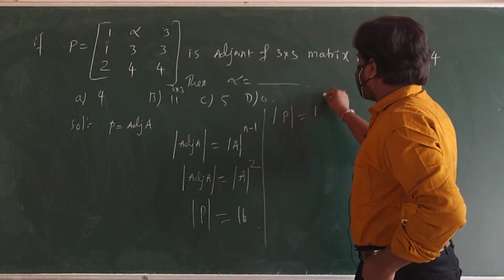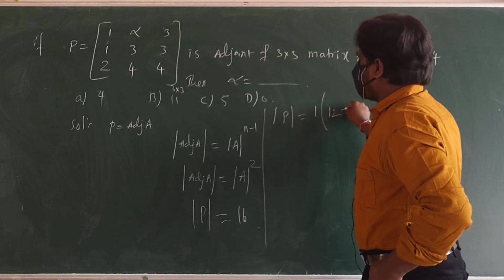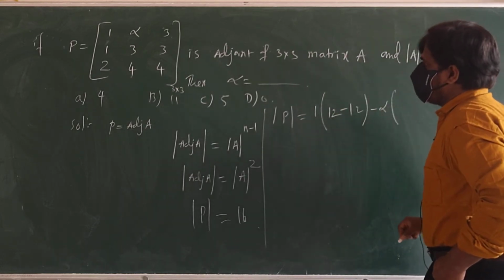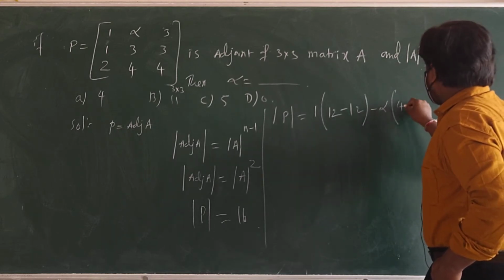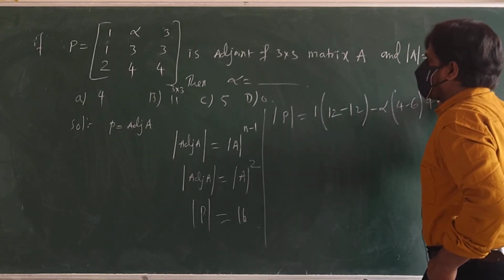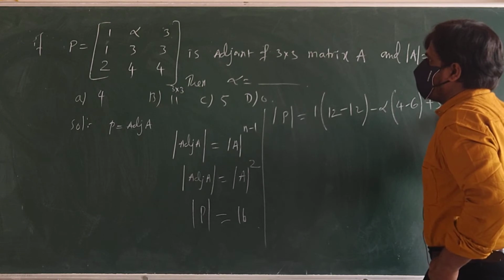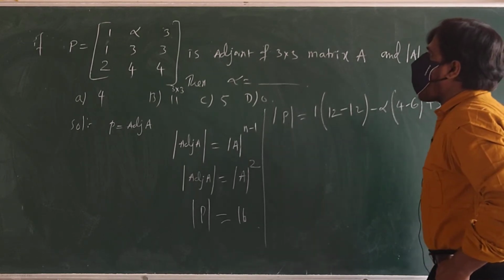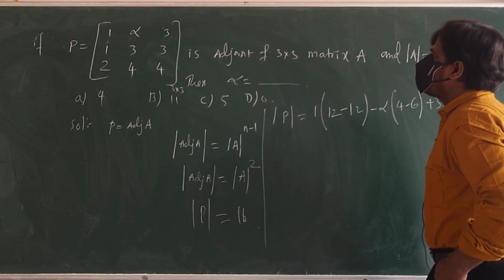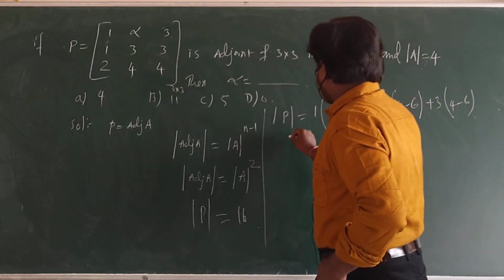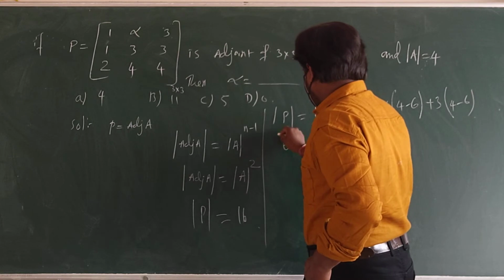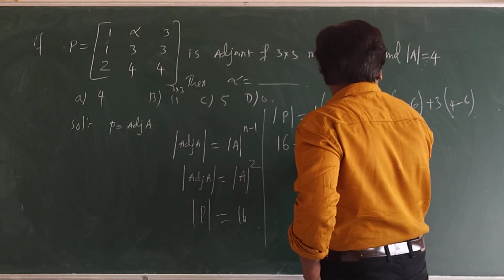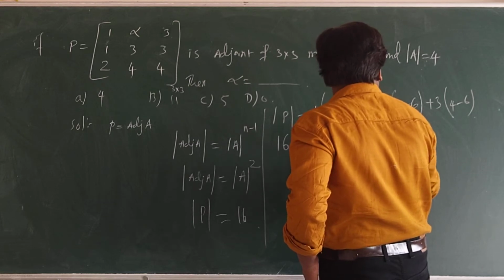Can you find the determinant of that matrix? What do you do here? 1 into (12 minus 12), minus alpha into (4 minus 6), plus 3 into (4 minus 6). So the determinant of P, 16, is equal to 1 into 0 minus alpha into minus 2 plus 3 into minus 2.